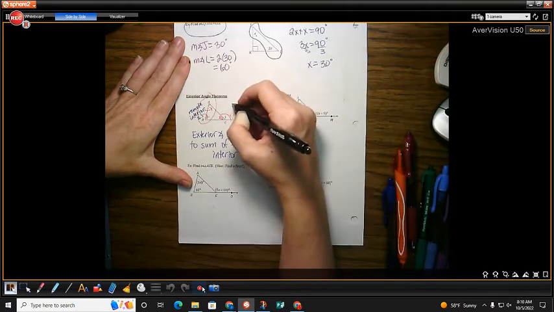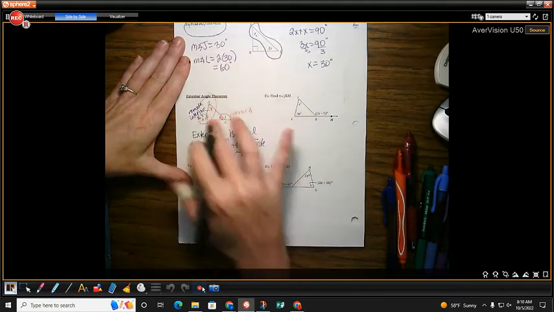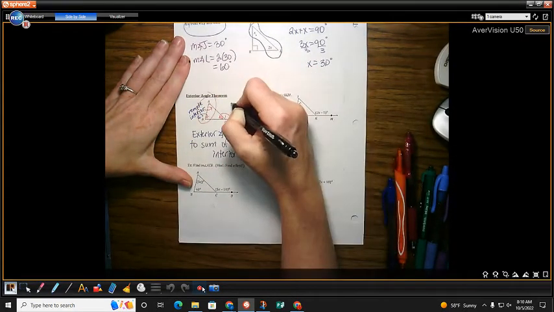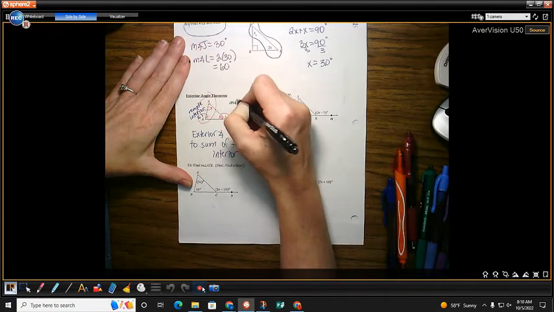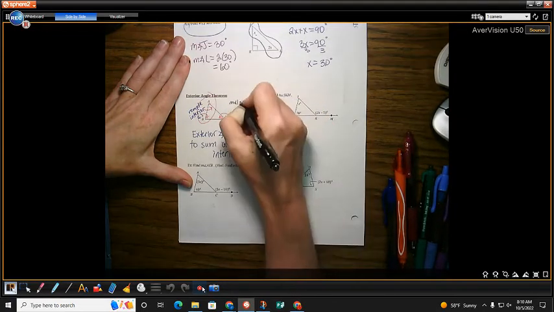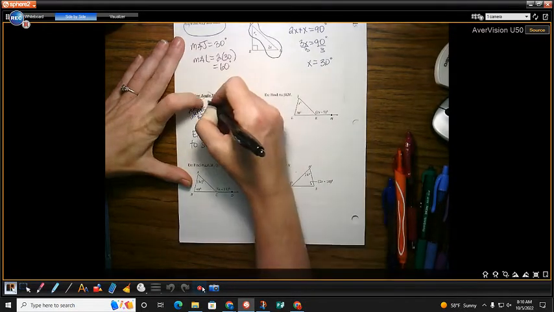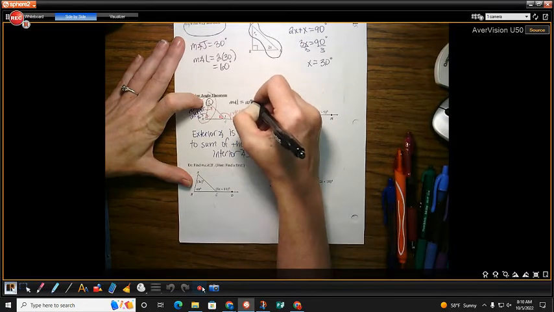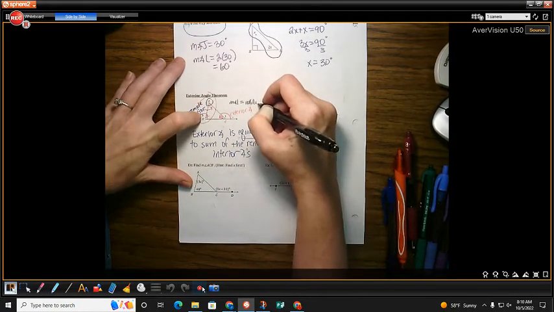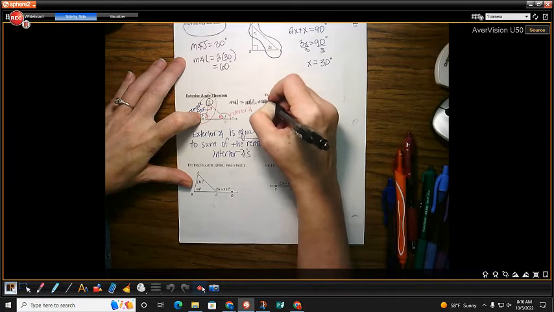What equation can I write now, knowing this theorem? The measure of angle 1, that's my exterior. What does it have to equal? The measure of angle A plus the measure of angle B. Perfect.